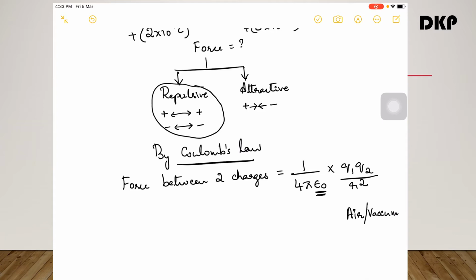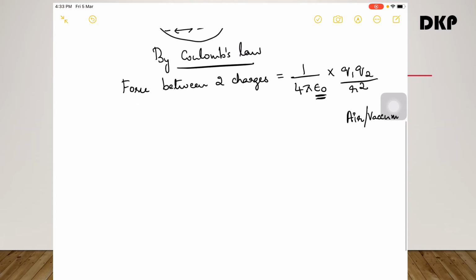So this is our formula, 1 by 4 pi epsilon 0 into q1 q2 by r square. Now you have to remember 1 by 4 pi epsilon 0 is equal to 9 into 10 to the power of 9.